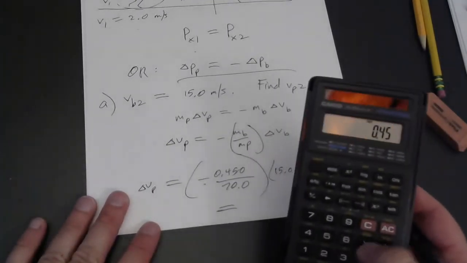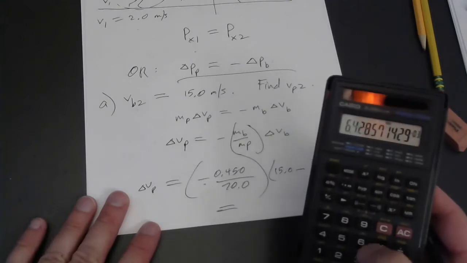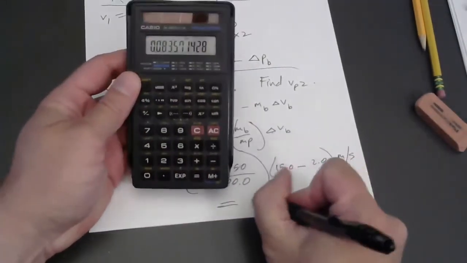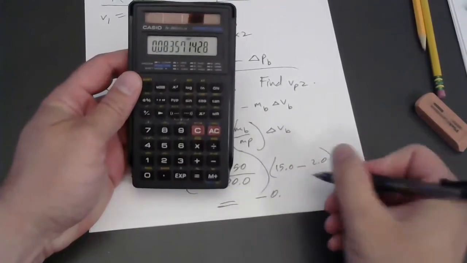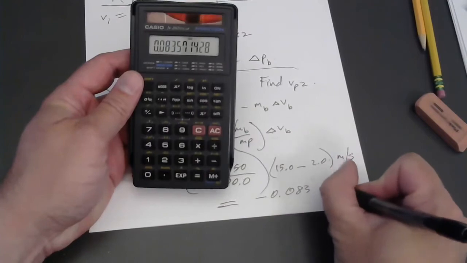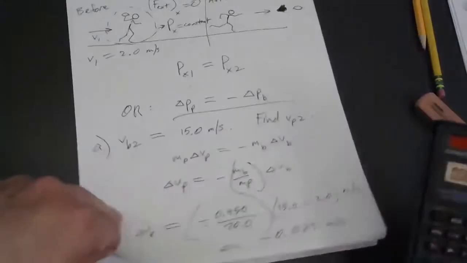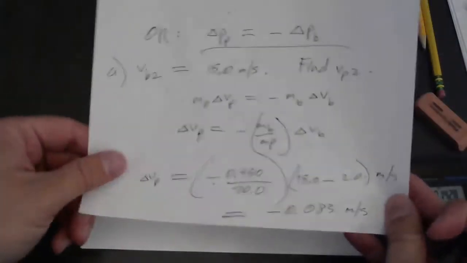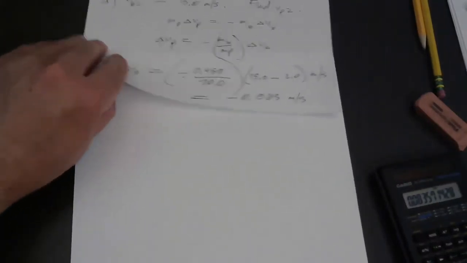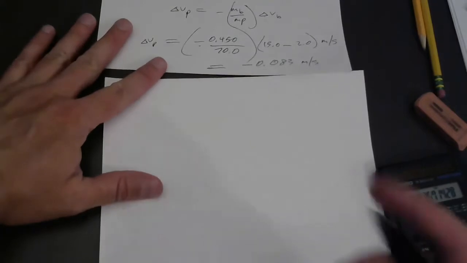So delta V for the person: 0.45 compared to 70. You take that ratio times 13, and I find that the player's velocity decreases by 0.083 meters per second. Like we expected, not a very large change in velocity because people are much heavier than footballs usually.